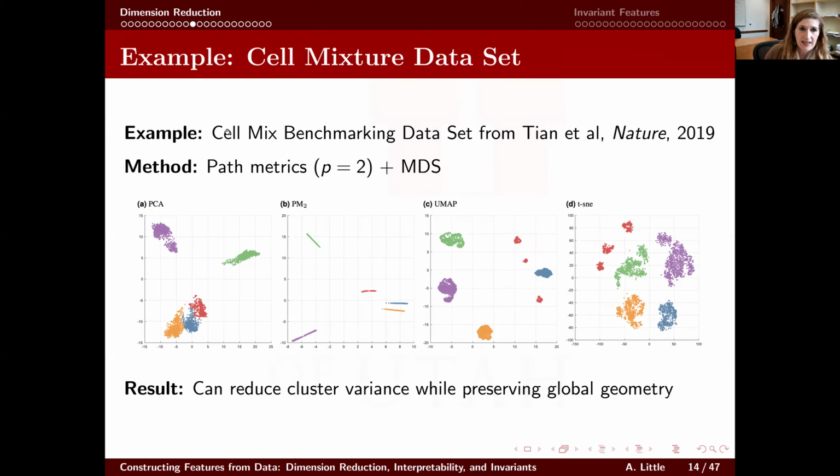So coming back to this cell mix benchmarking data set that I showed you at the beginning of the talk. We saw the PCA plot preserving the global geometry, and the UMAP and t-SNE plots having much better separation of the cell types but losing the global structure. And now in this second plot, I'm showing you what happens when you compute these path metrics with a p of 2, and then look at the MDS embedding of those distances.